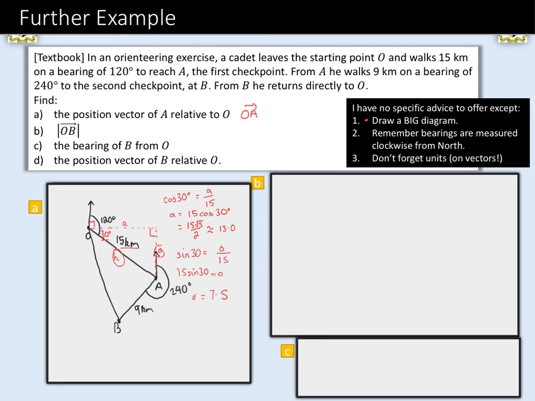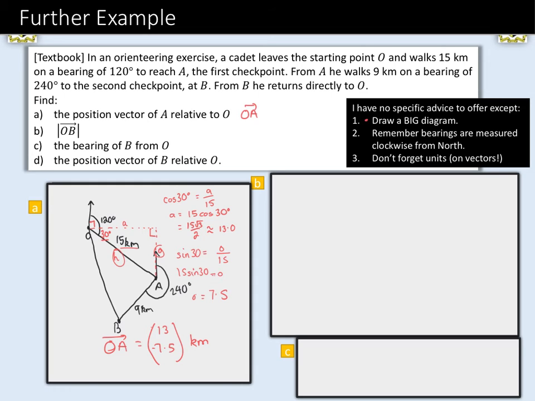Remember, both of those are in kilometres, but now we've got our i notation and our j notation. I could write it as, our i component is 13, and our j component is 7.5. So that would be O to A. One thing we might notice is that because it's going down here, this should actually be minus 7.5.